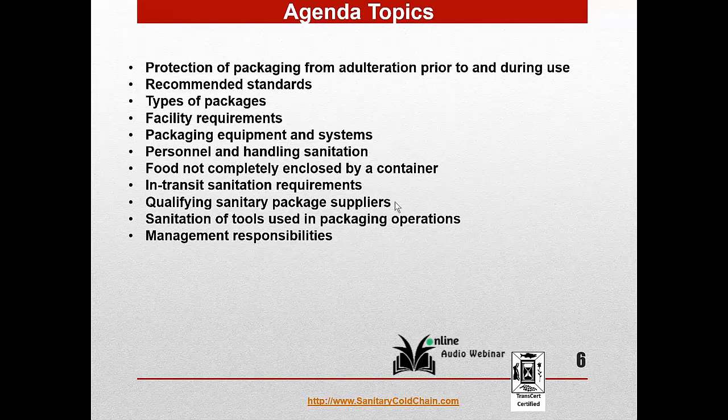In other words, the suppliers of packages have to fulfill your requirements for sanitation in their own processes and in the delivery of that packaging to you, okay? Sanitation of tools used in packaging operation. A lot of tools are used, and you have to make sure that they're sanitary, and management responsibilities for setting up systems to do these things.